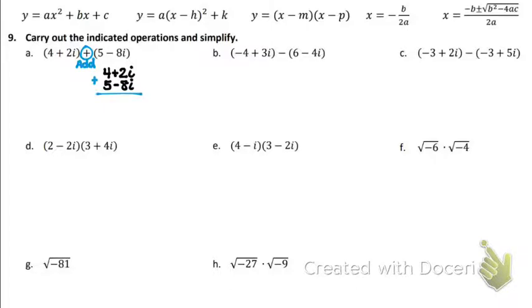So what do I get when I combine the 4 and the 5 together? 9. What about when I combine 2i and negative 8i? Or sorry, negative 8i. I read that wrong. Negative 6i. So I have 9 minus 6i.